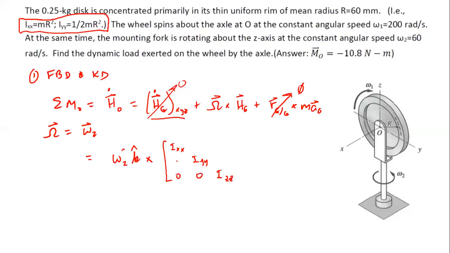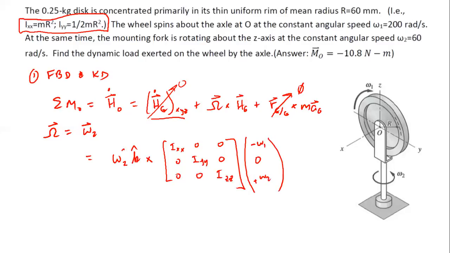Okay, and then what is the overall HG? So this is just going to be HG now. So what am I going to put in for my omegas for the HG term? Yeah, so the omega 1 is going to be in the minus I hat direction, and the omega 2 is in the positive K hat, just like what we did before.